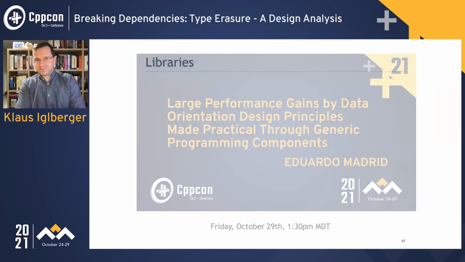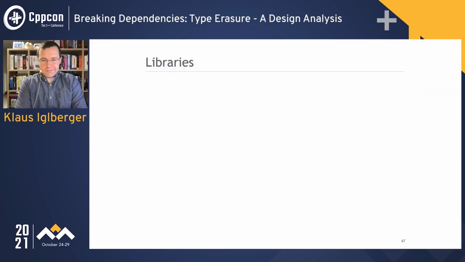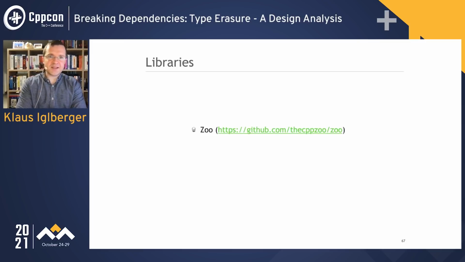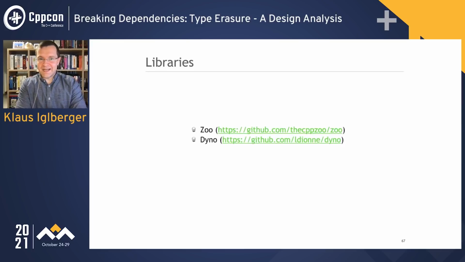Now, of course, you're asking, is there something that I can use in order to make my life easier? Or do I have to implement all of this stuff? No, there is libraries available. The Zoo library, that is Eduardo's library. There is Dino, a library implemented by Louis Dion. And there is also Boost type erasure.